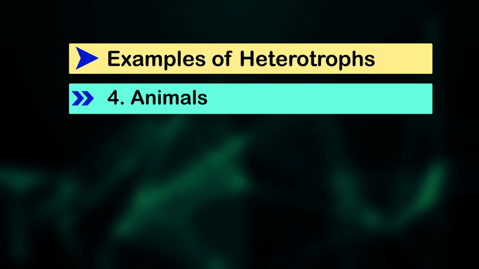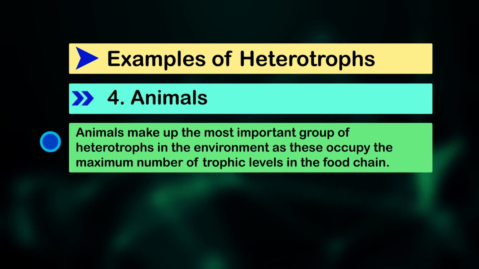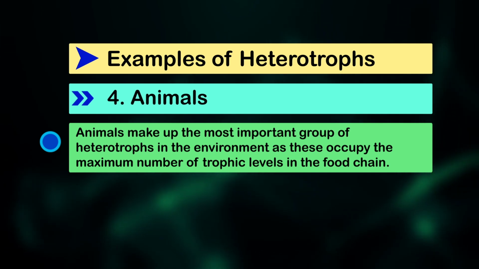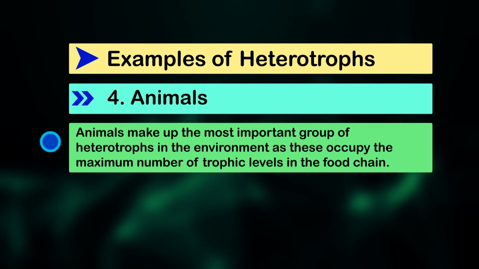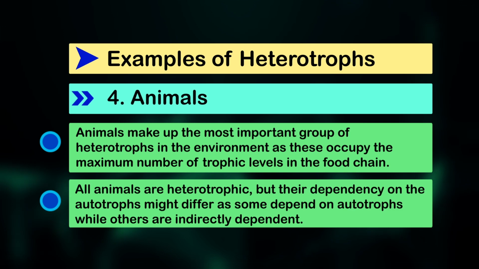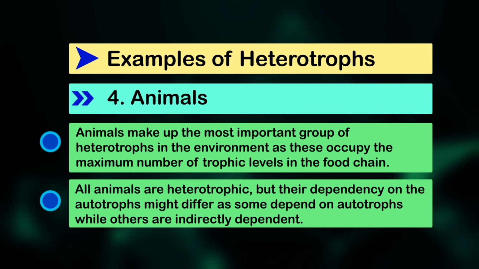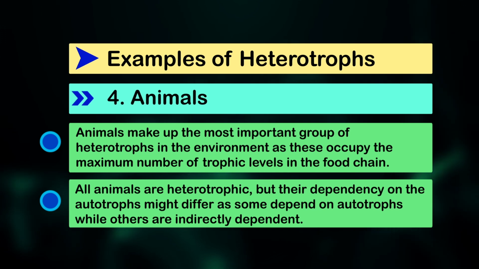The next very common example is animals, human beings. So, now let us look at the animals. Animals make up the most important group of heterotrophs in the environment, as they occupy the maximum number of trophic levels in a food chain. All animals are heterotrophic, we know that very well, but their dependency on the autotrophs might differ, as some depend directly on autotrophs while others are indirectly dependent.